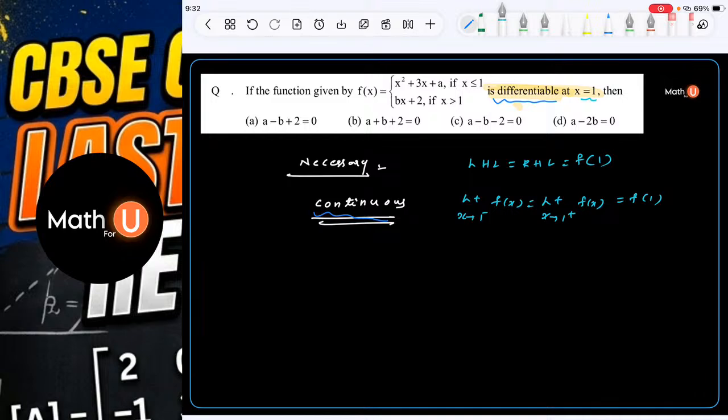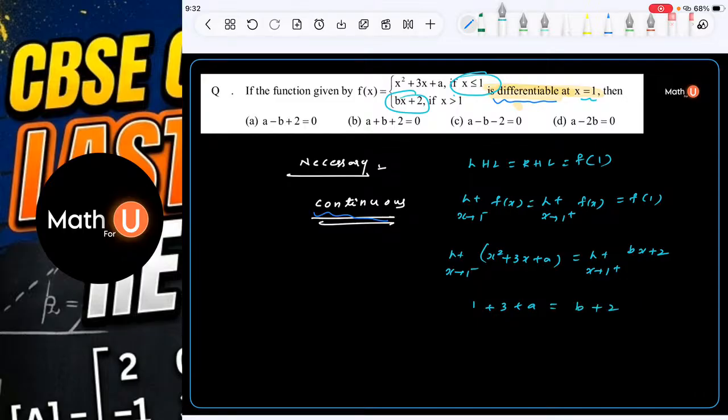Left hand limit, x tends to 1 minus, this function, less than symbol, x square plus 3x plus a, that is equal to limit x tends to 1 plus, for the right hand derivative this is the function, bx plus 2. Substitute 1 wherever x is there, we get 1 square plus 3 plus a, that is equal to b plus 2.